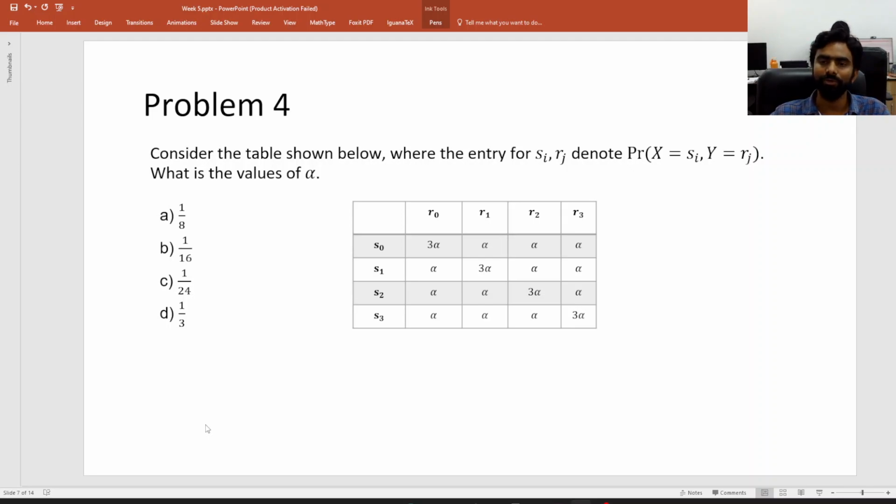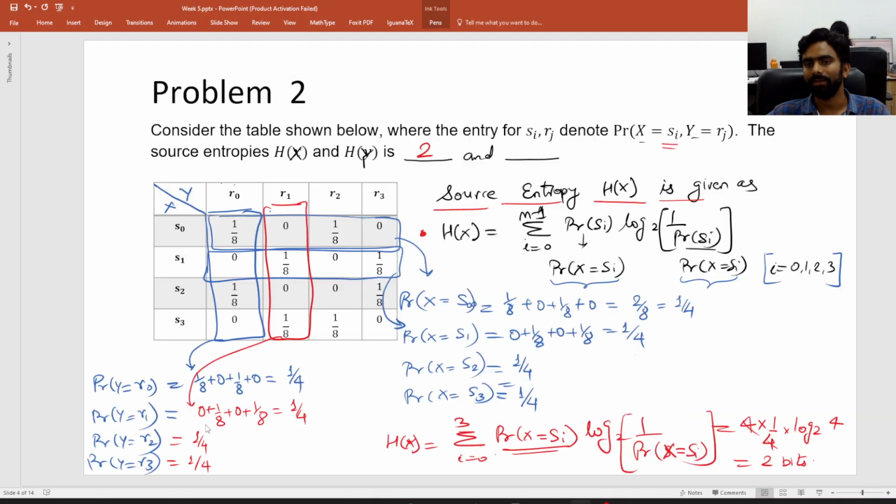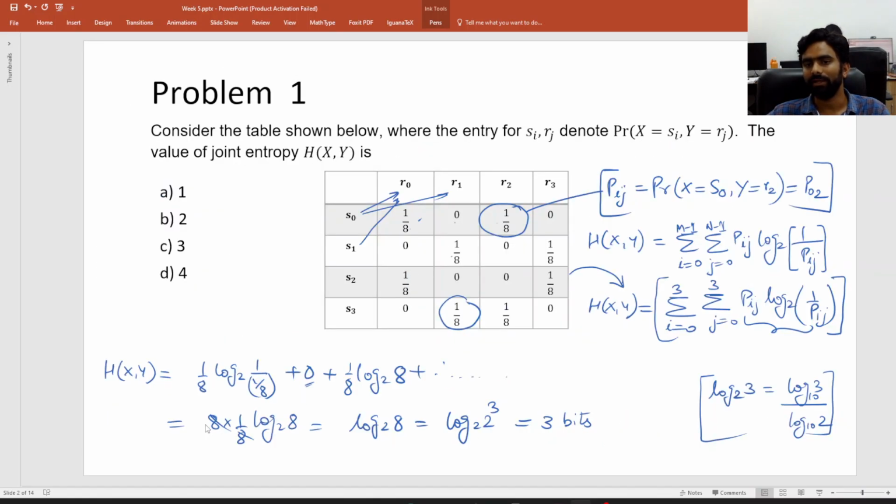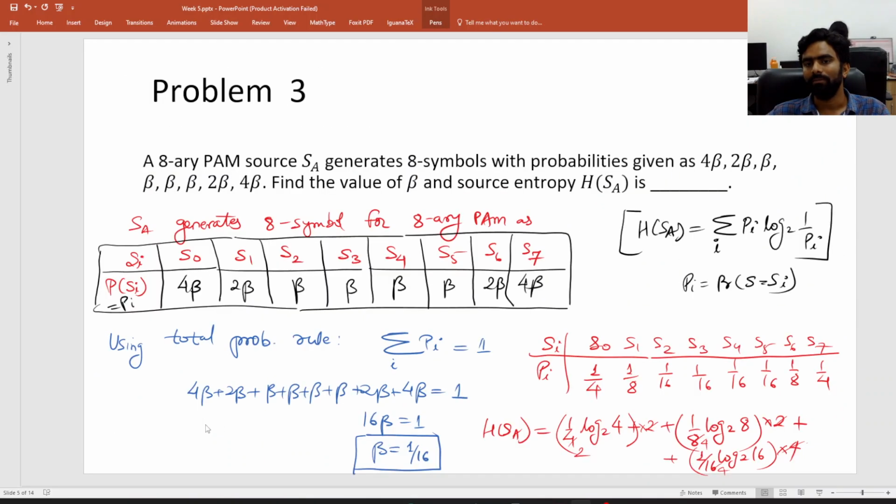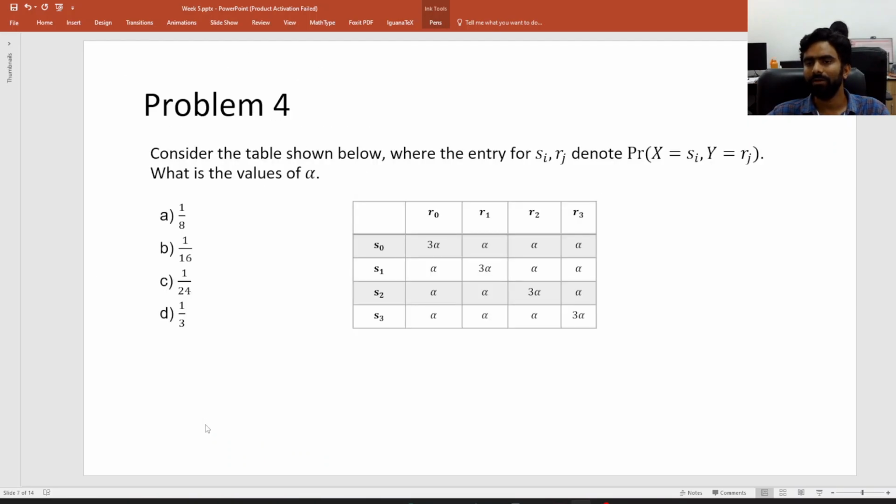So this is a new table where the probabilities are not given directly like in the previous problem; they are given in terms of some constant alpha. So first we have to find the value of alpha, then we can proceed with other things like the entropy of the source, the joint entropy and so on.